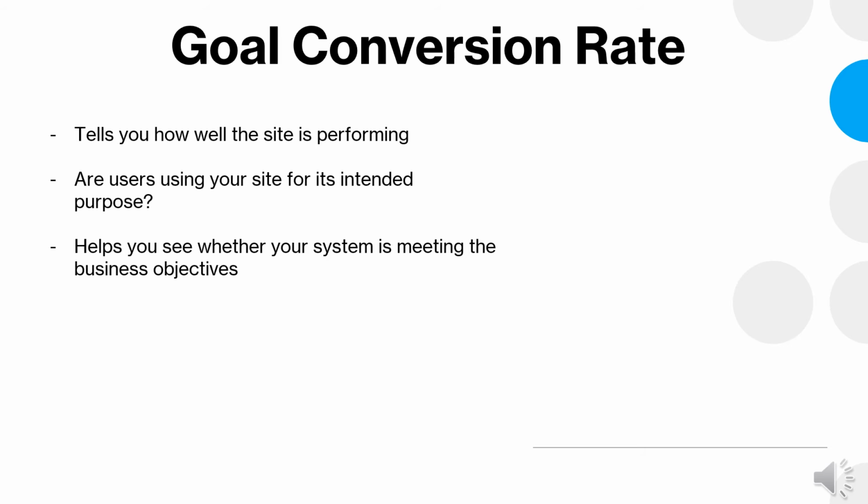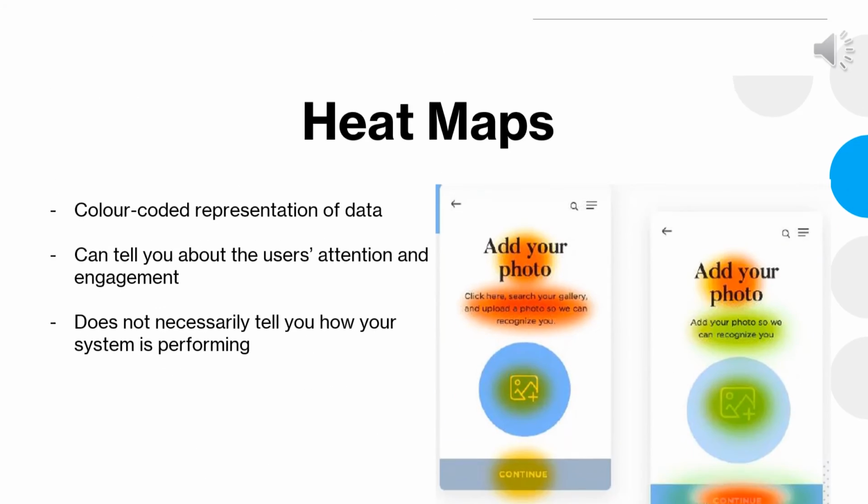It's indicative of successful marketing, or that your web design is well designed, or that people like what you're offering. So you have a lot of users that are using your system for what they're supposed to use it for. So you'd want to aim for a very high goal conversion rate, so at the end of the day both the business needs and the user needs are met.